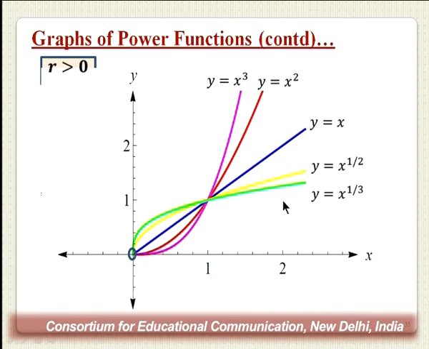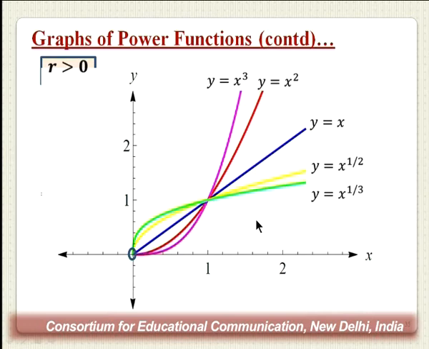Now, there are 2 points that you should note about this graph. First of all, the origin is not included, because we are taking x to be positive, so x can't be 0, and also this graph is being entirely drawn in the first quadrant. That's the first point.